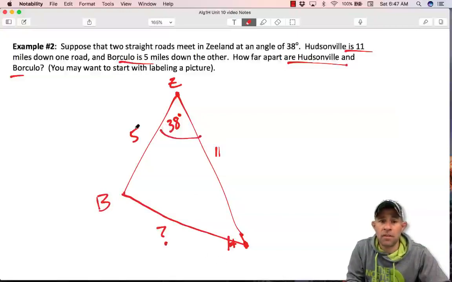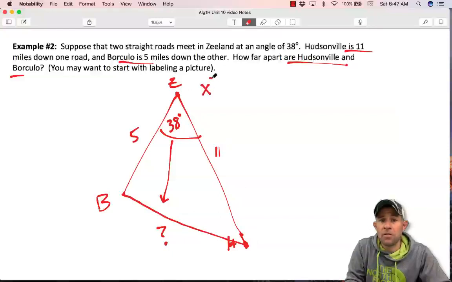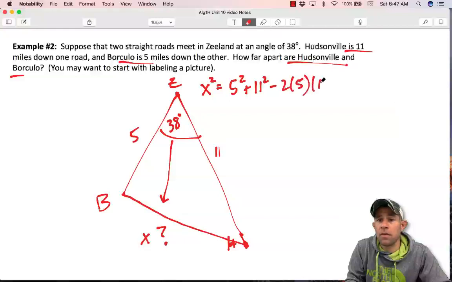So again, I have this side angle side condition. This tells me my law of cosines. And I'm going to start off by saying my side squared that I'm trying to find, x squared in this case, we'll call that x, is equal to 5 squared plus 11 squared minus 2 times 5 times 11 times the cosine of 38 degrees.